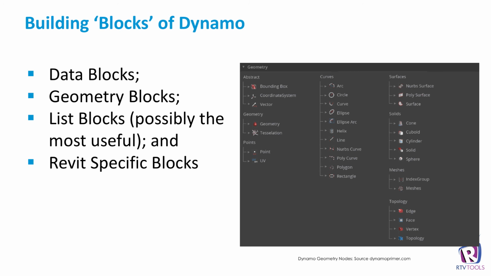And then there are all the Revit specific blocks that could be related to, say, view templates or hiding an element or unhiding an element, things that are very specific to the core functions of Revit that exist in the Dynamo library.